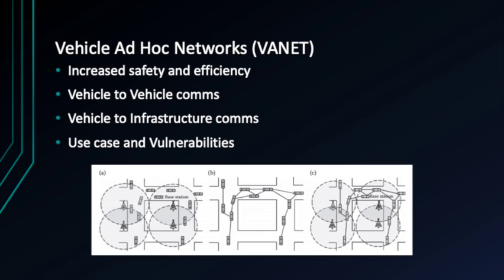Another network that is growing in popularity is that of the Vehicle Ad Hoc Network, or VANET, which will allow vehicle-to-vehicle communications as well as vehicle-to-infrastructure communications. The spirit and intent of this network is to increase safety and efficiency of our roadways with more intelligent sensors and vehicles.